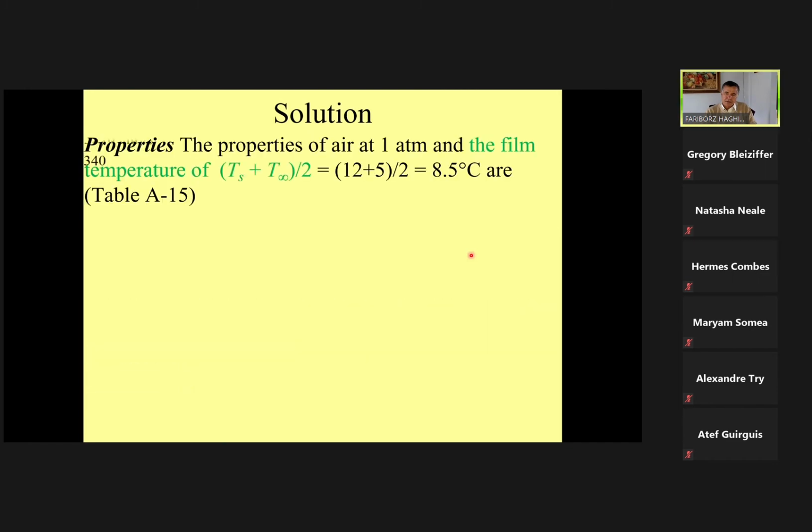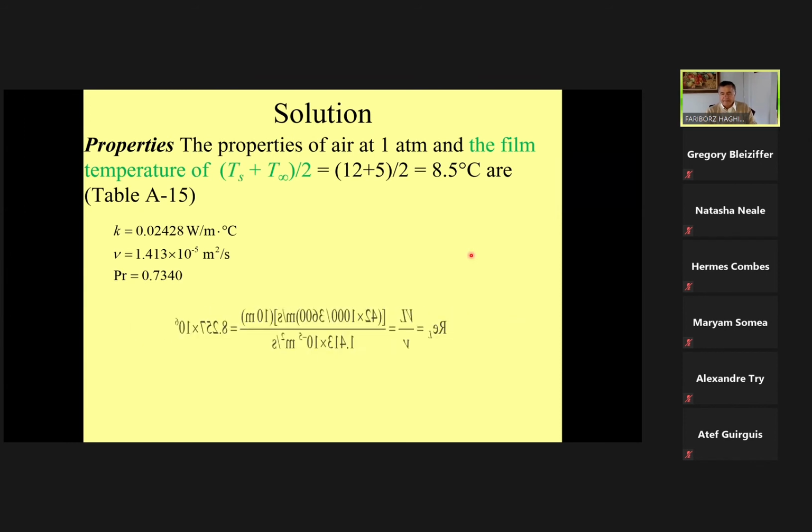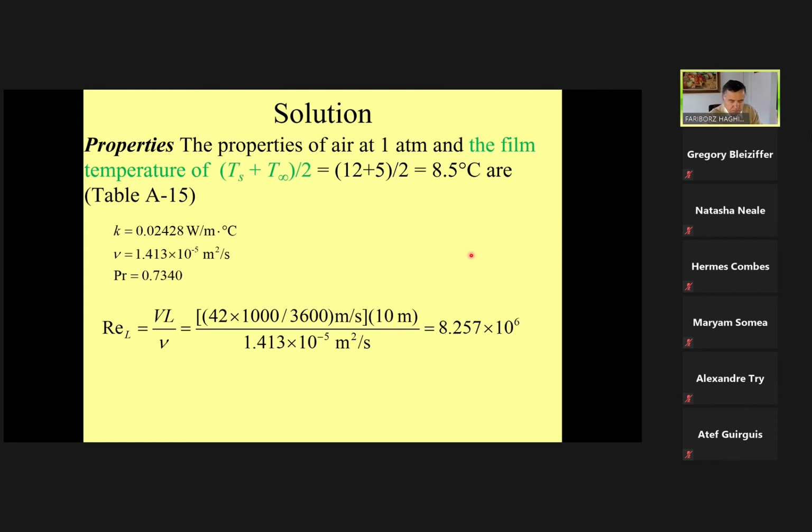Therefore, let's use that expression that we have to calculate. Okay, what is the number?